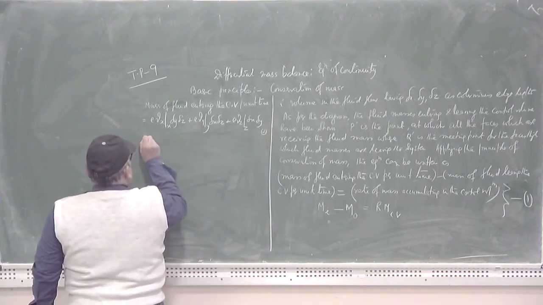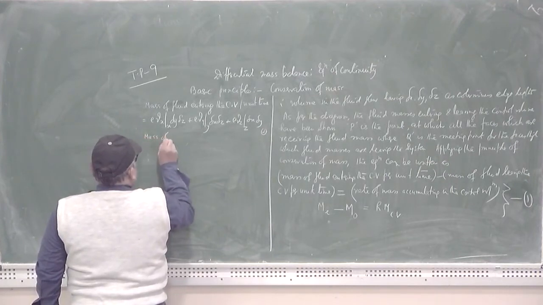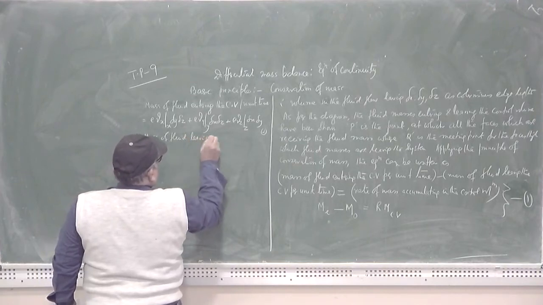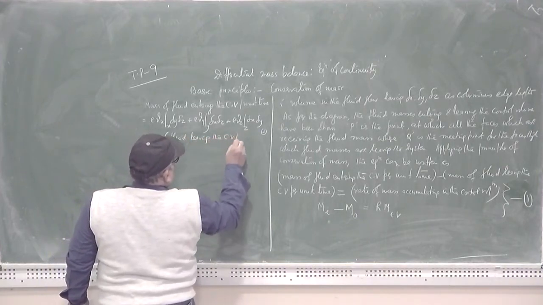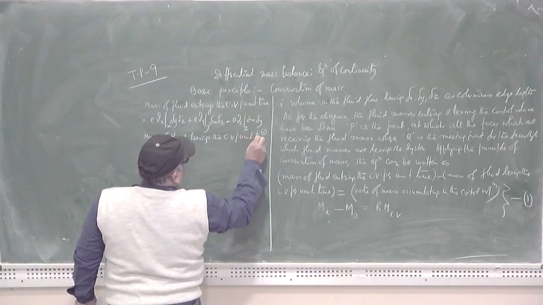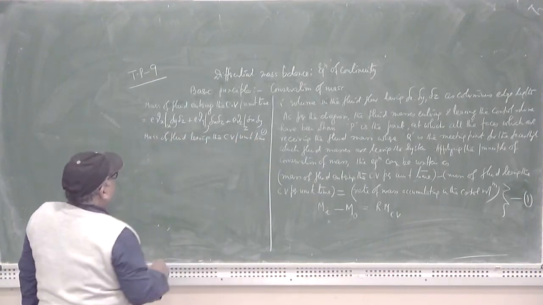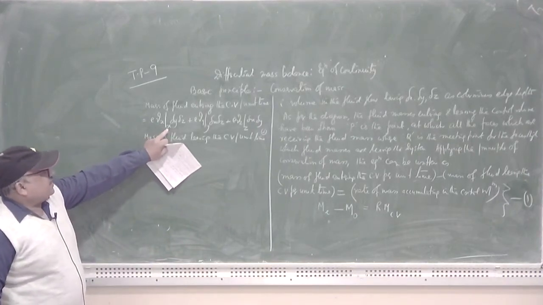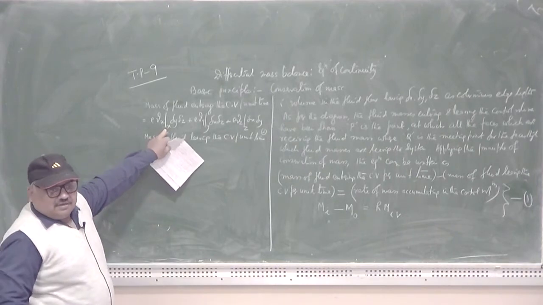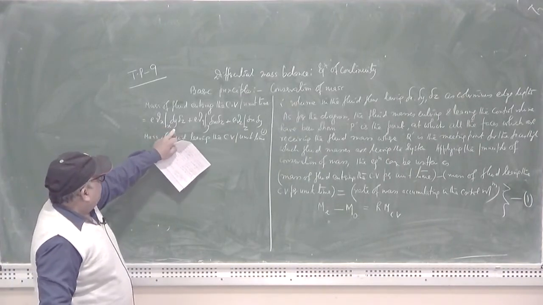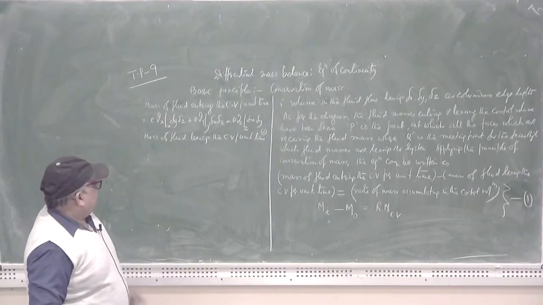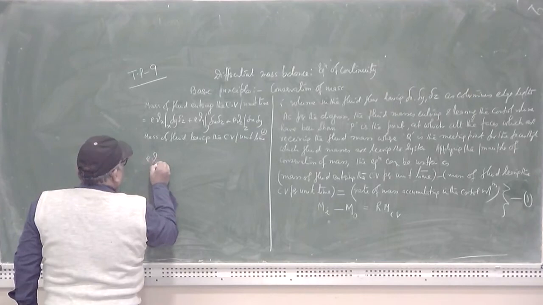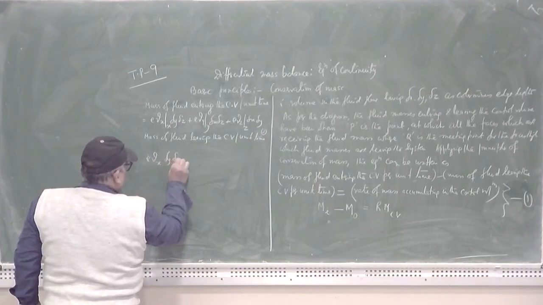Similarly, mass of fluid leaving the control volume per unit time. Here I would like to emphasize one thing: how this quantity stands for the rate of mass. Let me explain: rho Vx delta y delta z.